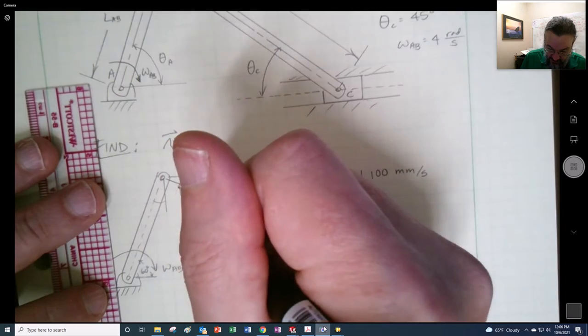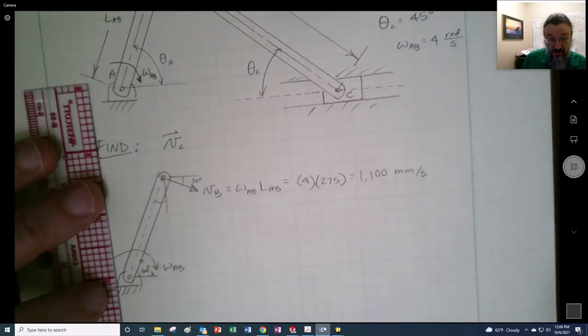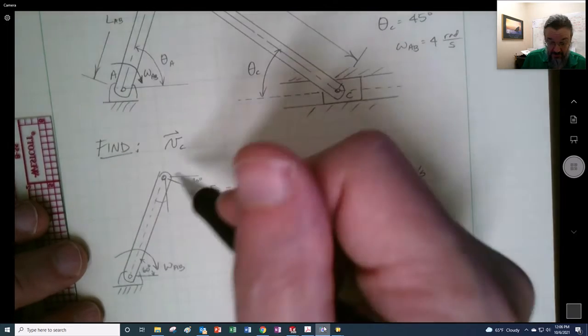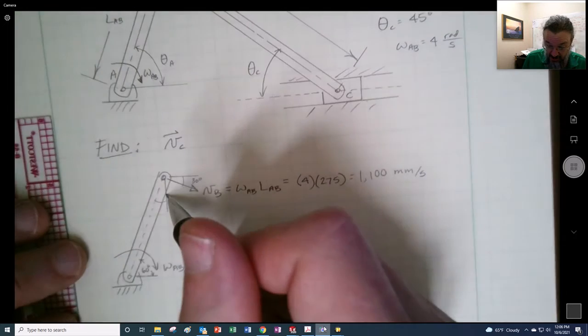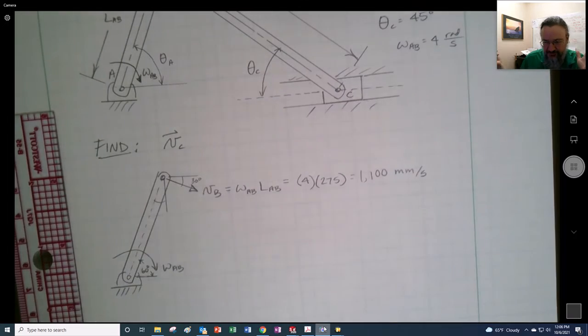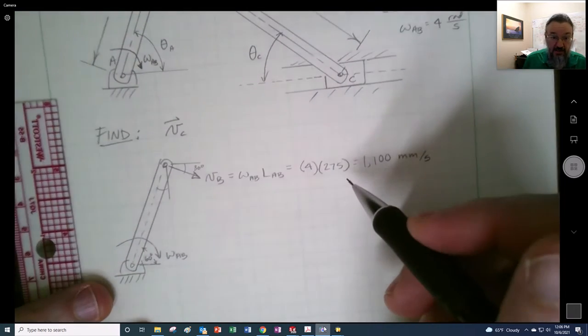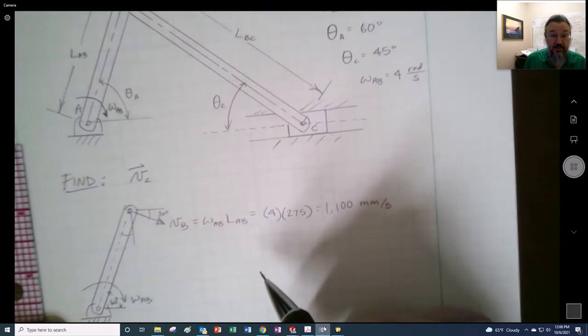Because this right here is 60 degrees. I like to go from horizontal with things if I can, so that's the reason why I'm picking that. I could also say that I know that this is 60 degrees as well. Either way, okay. So that's going to give me the first thing that I need to know.